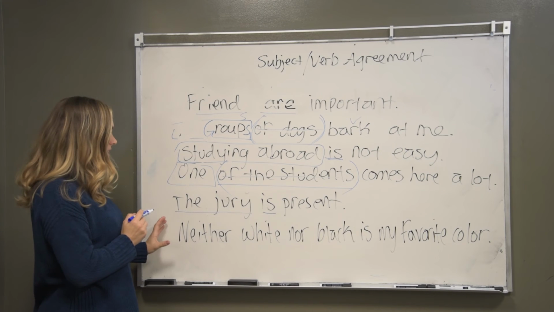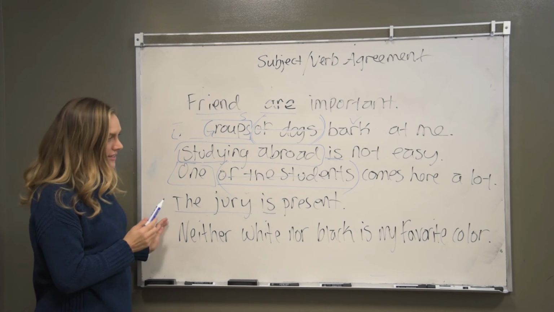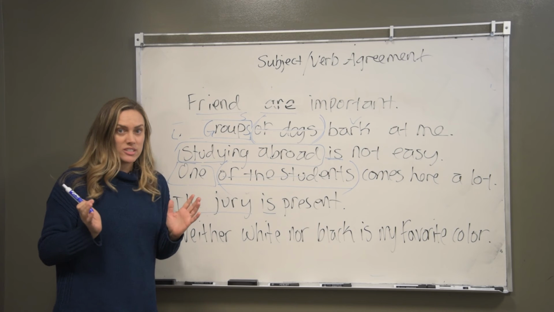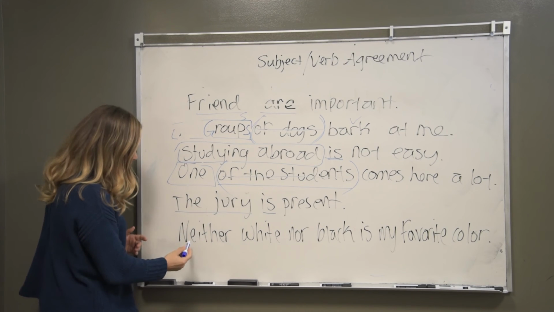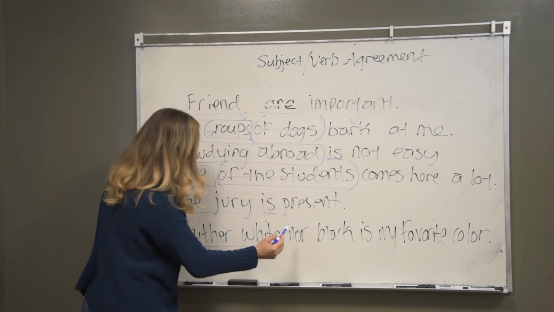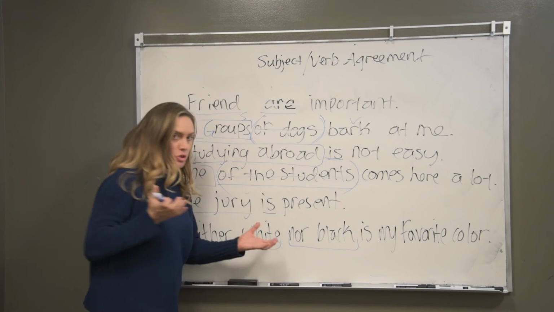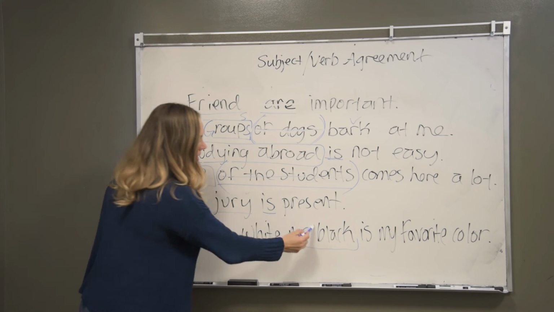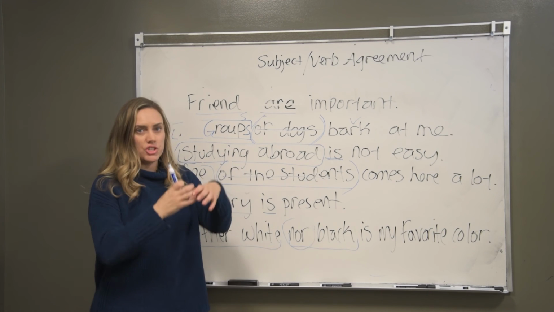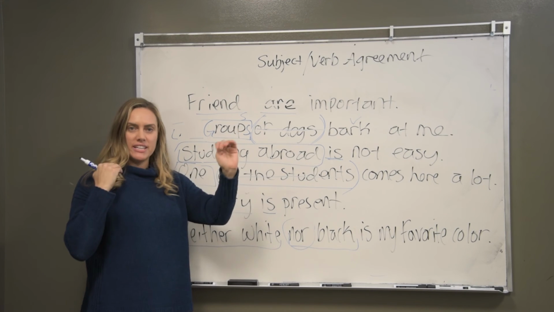This is another one. Neither white nor black is my favorite color. It sounds wrong to me, but I know it's right. Why? Because here, neither white nor black, I have two parts of the subject, right? I'm connecting it with the word nor, so you think that's two, but actually it's like a minus sign.